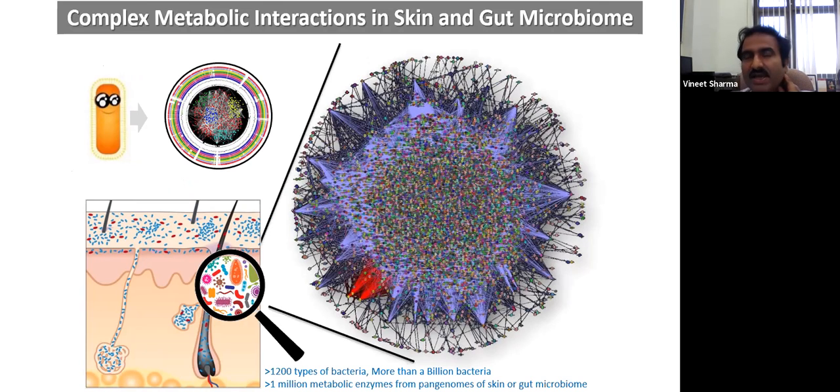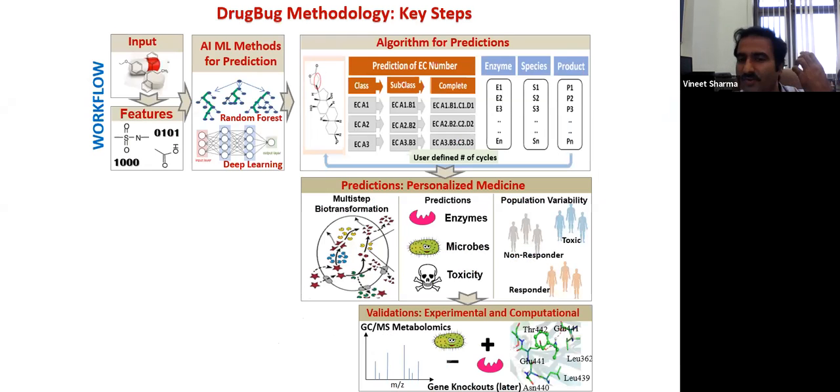And it is not that one enzyme will act at once. There could be a substrate, one enzyme will act, and the product can again be a substrate for the next enzyme. And this way there could be a cascade effect.